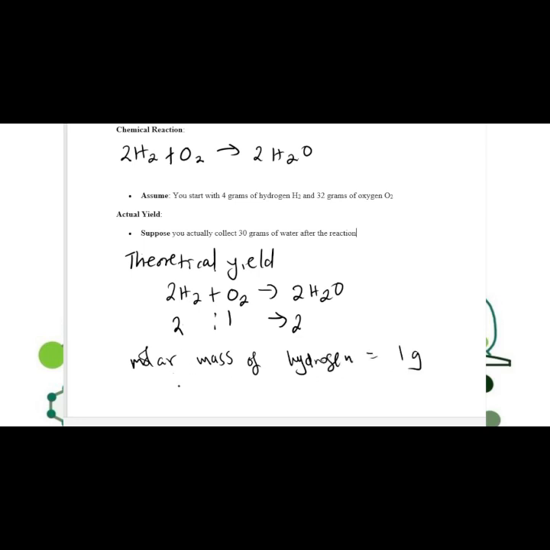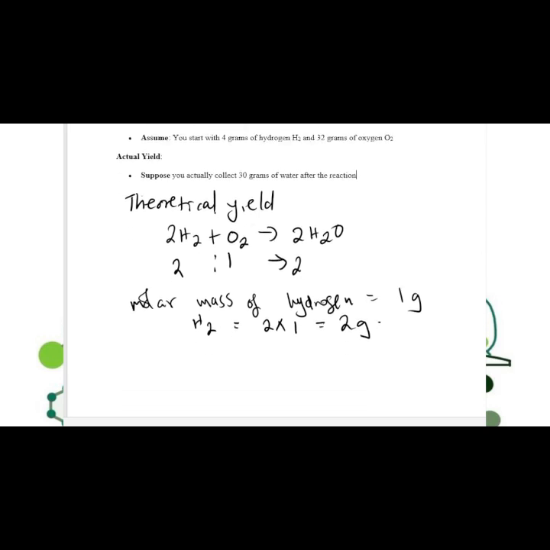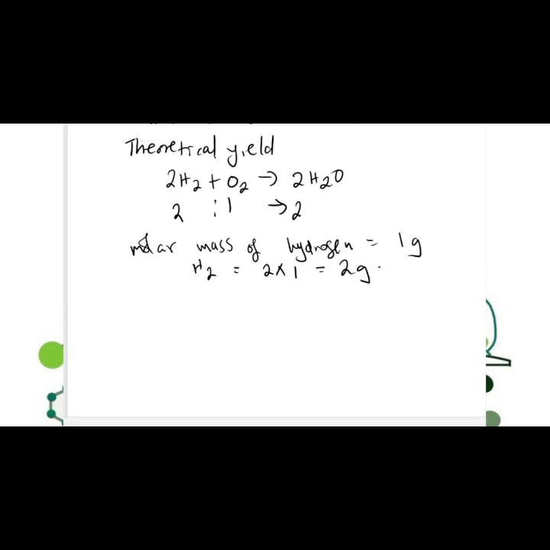Now we got H2, so the molar mass of H2 is 2 times 1, which is equal to 2 grams, right? If we're given 4 grams, that is a multiple of 2. So it's just like the same, which is 2 H2 here, which is the same in the equation.